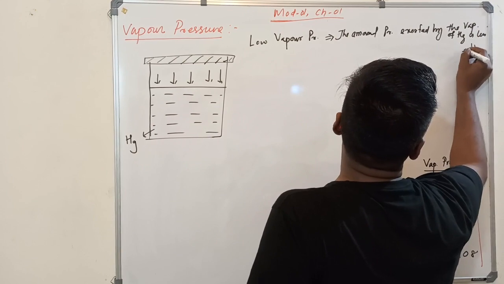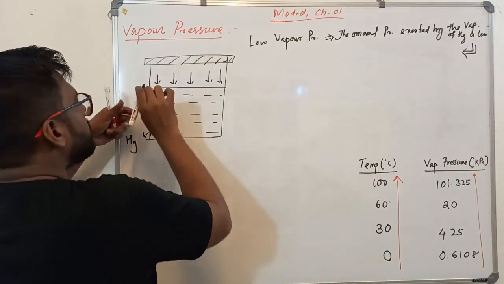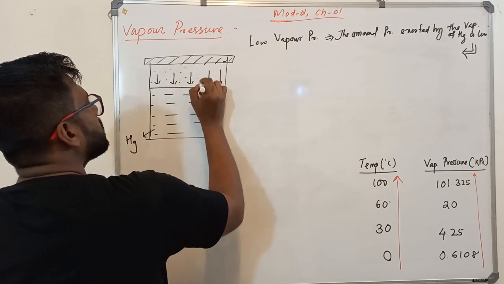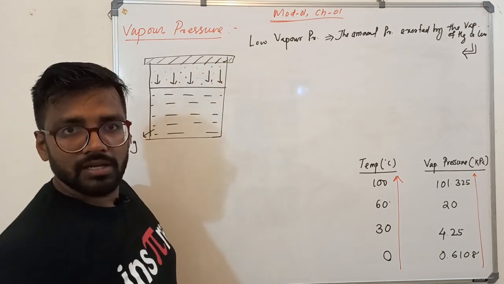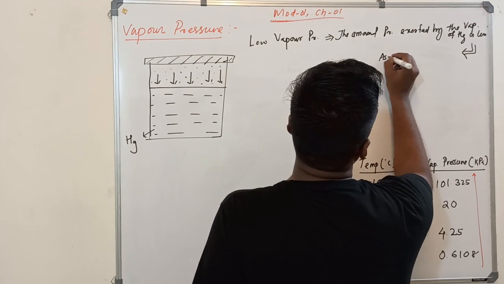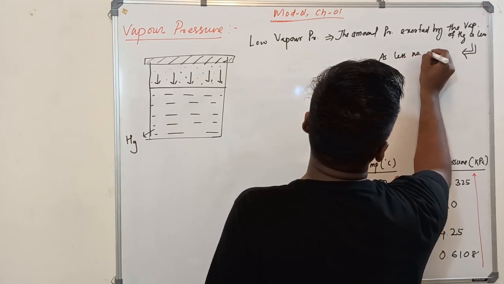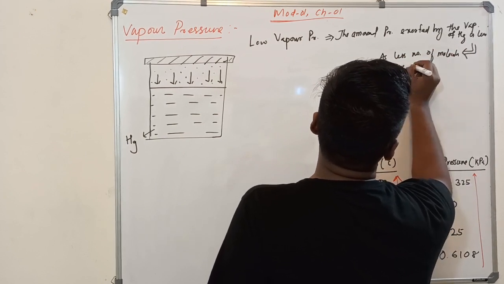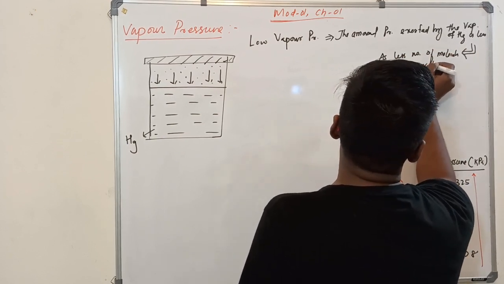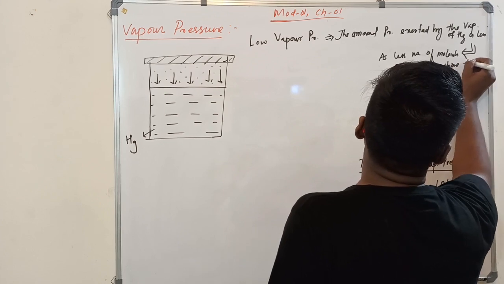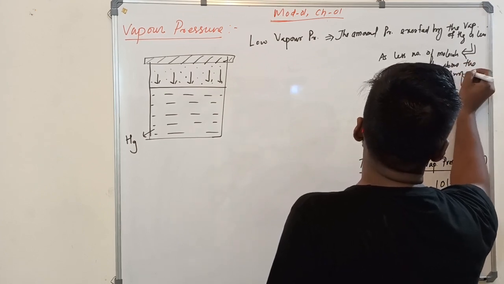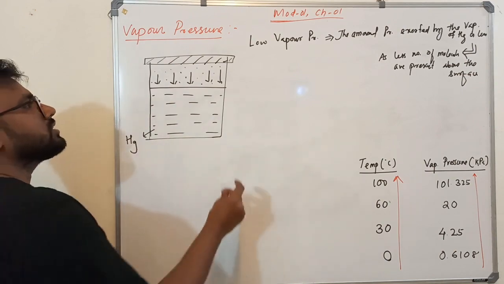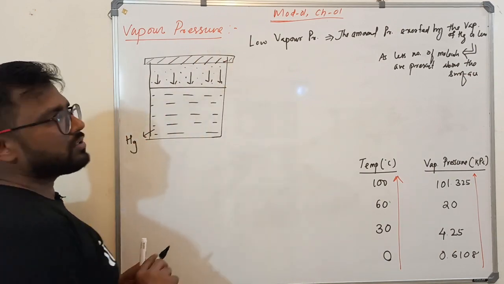Now why does this happen? Because less number of molecules are present above the surface. Now the next question is why are less number of molecules there?